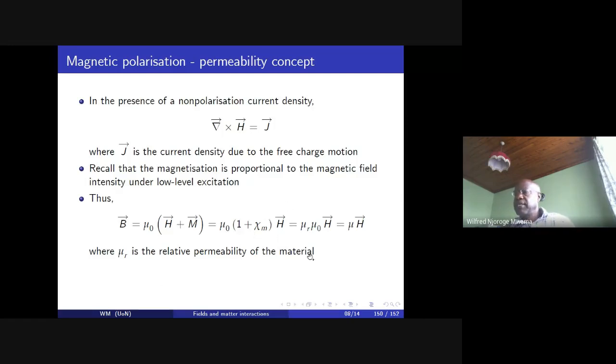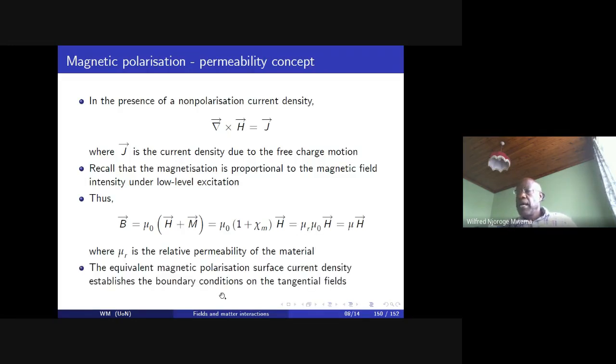And this gives us a value. We can use a relative permeability for the material, mu r, and multiply it by the permeability for free space. And the equivalent magnetic polarization surface current density will establish the boundary conditions on the tangential fields.